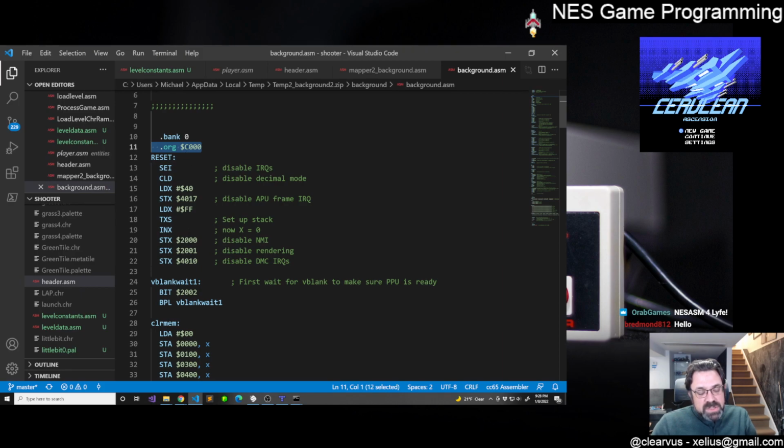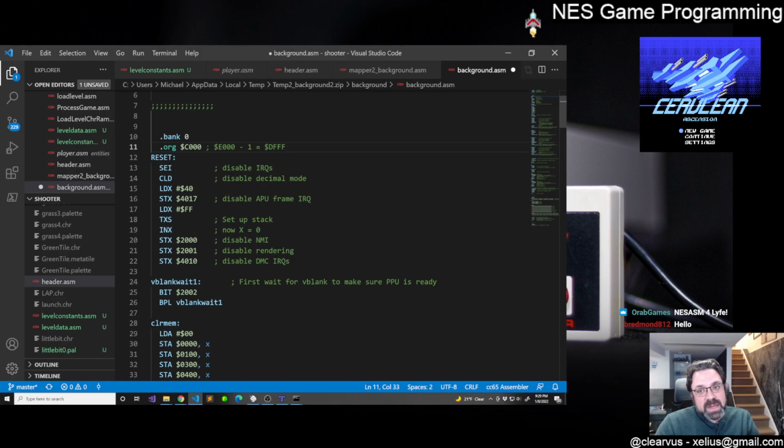Okay, because 8K added to C000 is, sorry, not A000, E000. So if you subtract 1 from that, it's DFFF. So that's the largest range that this bank will be able to access.